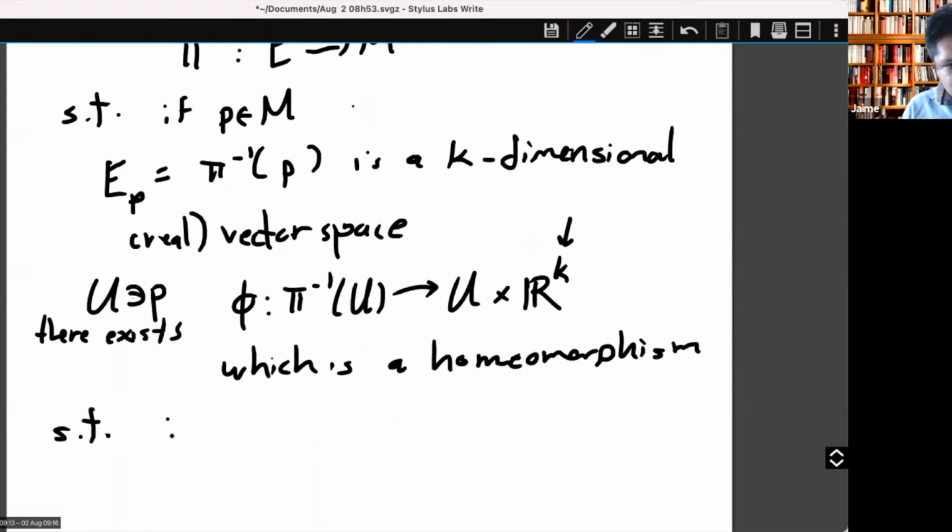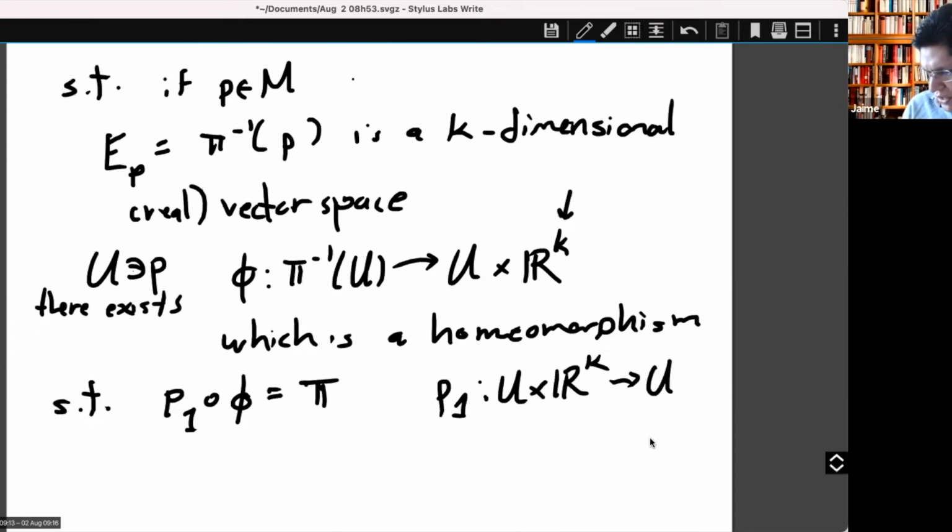Such that when you take the projection and compose, you get pi, where this P1 is nothing but the projection on the first factor.